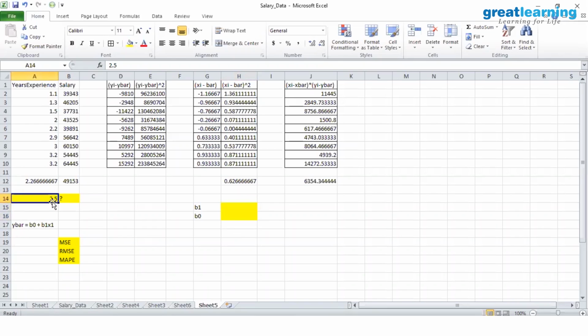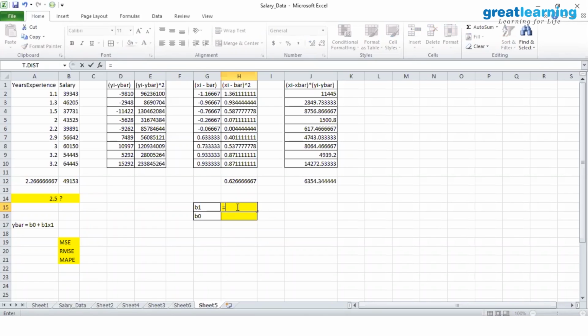For the years of experience 2.5, is that right, guys? Is there any confusion so far? My objective is to find B1 and B0. If I could find them, I could impute them in this formula and come up with the predicted value.